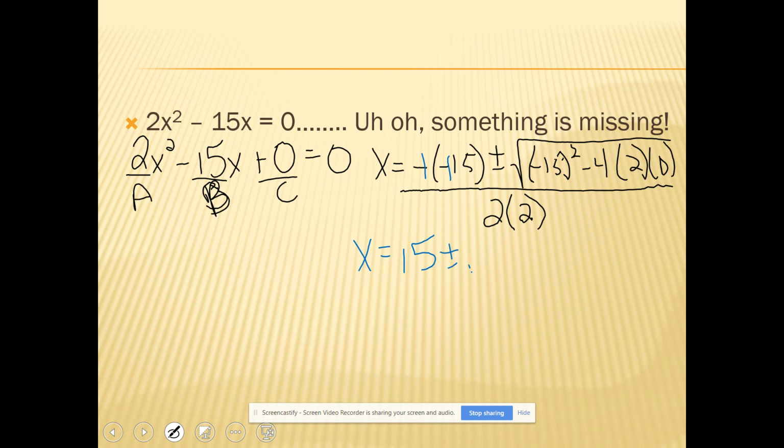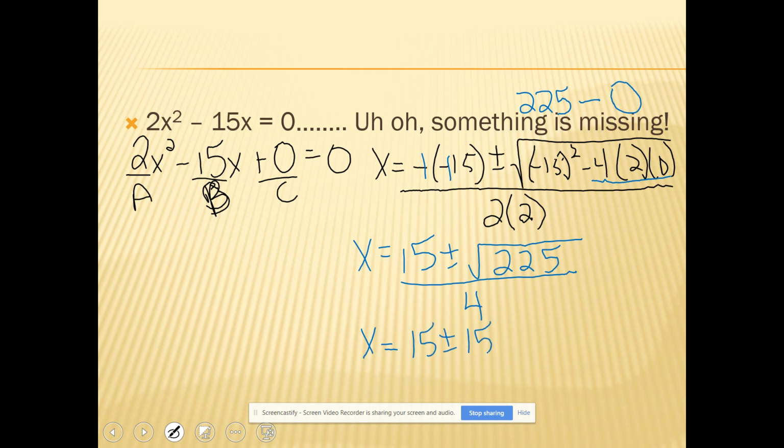Inside our radical, we have negative 15 squared, which is positive 225, minus 4 times 2 times 0 is 0. So 225 minus 0 keeps 225 under that radical, and 2 times 2 is 4. Well, 225 is a perfect square, so we have 15 plus or minus 15 over 4.